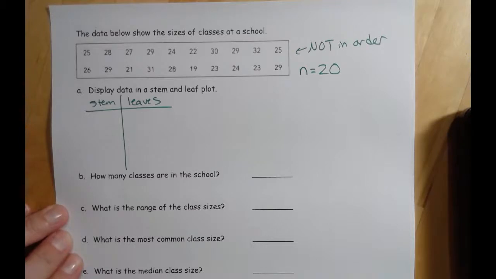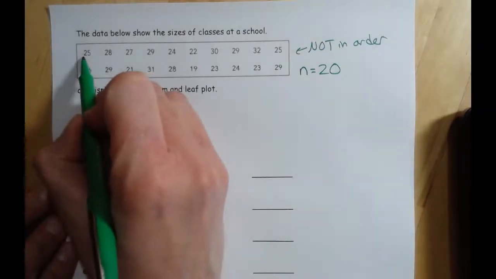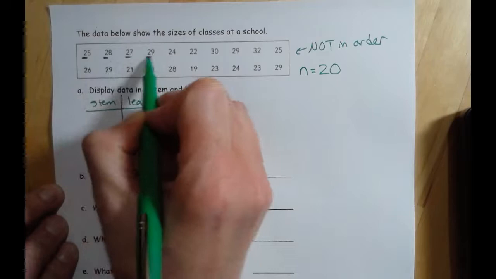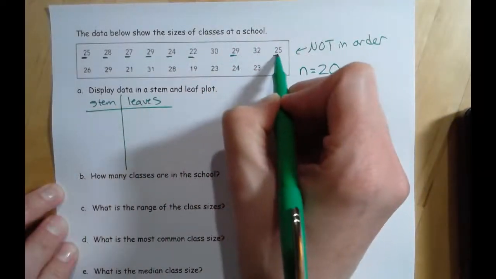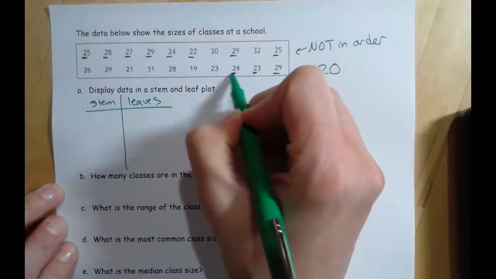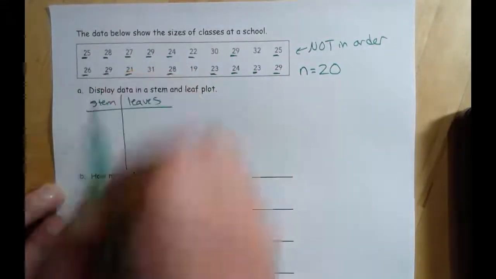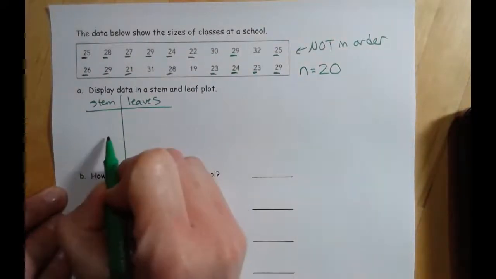Okay? So what I'm going to notice is the minimum. I'm going to look all around these data points. So I'm actually going to underline in green all the data points that are in the 20s. It looks like I've got a bunch of data points in the 20s. Not that one, but a whole bunch. So that's going to be a busy stem there, my 2.